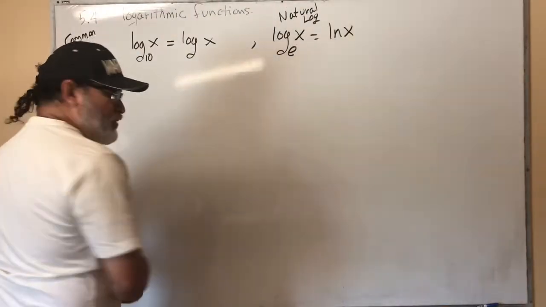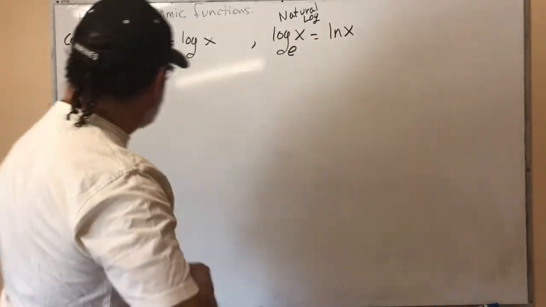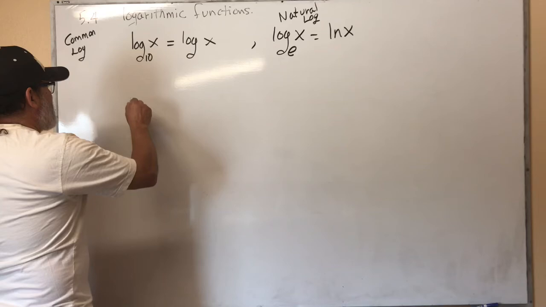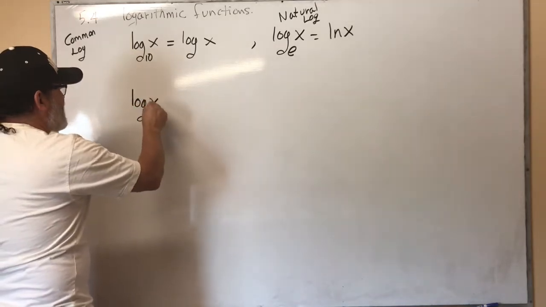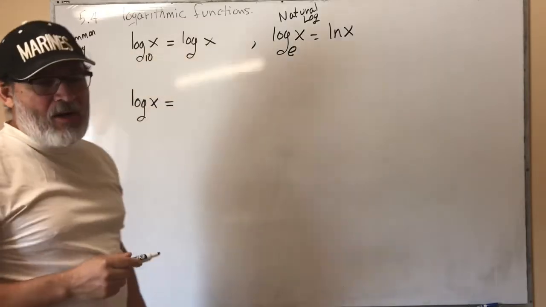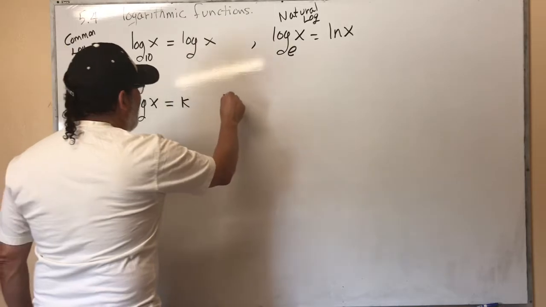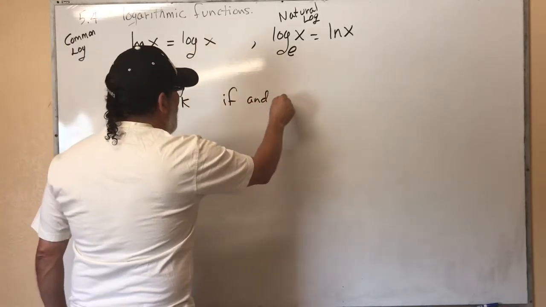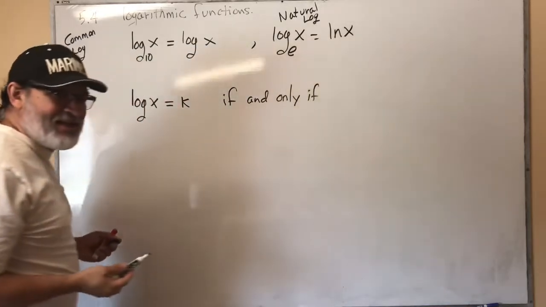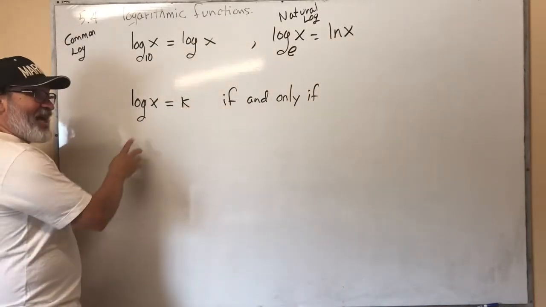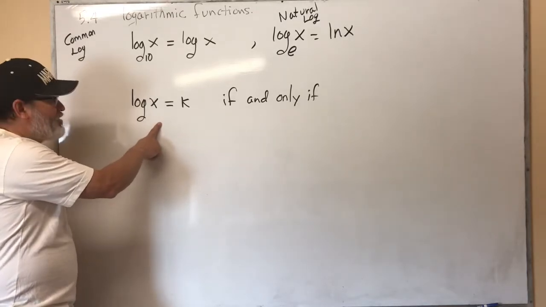Okay, the book says, on page 442, log base 10 of x equals k if and only if what? Can we express this as an exponential expression?